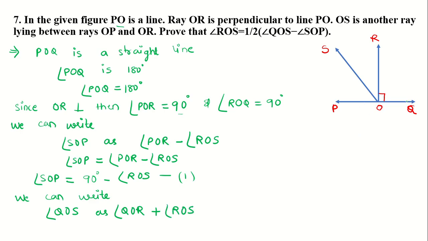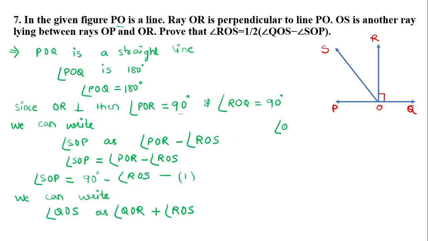See here, this is your angle QOR, and angle QOR plus angle ROS is your angle QOS, that is your full angle.